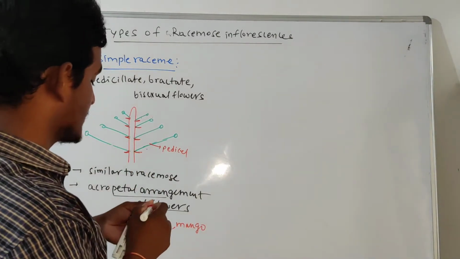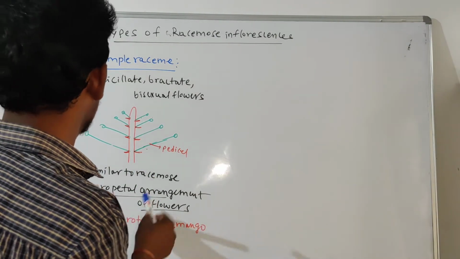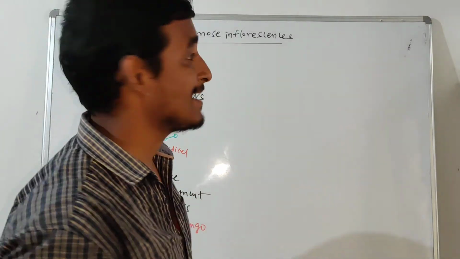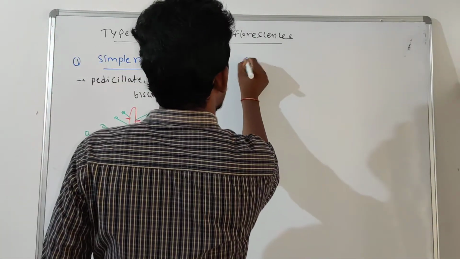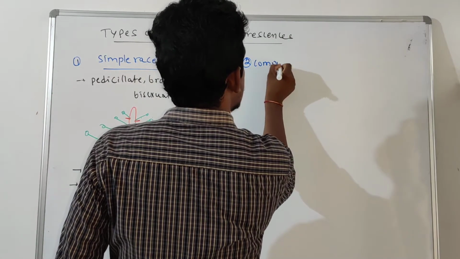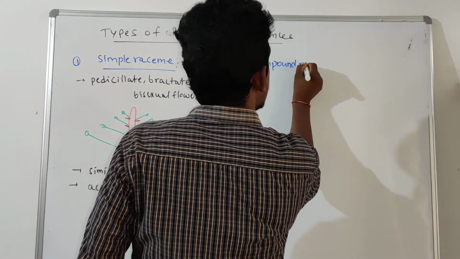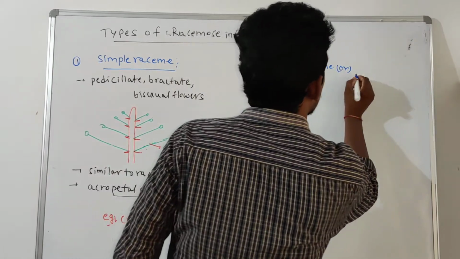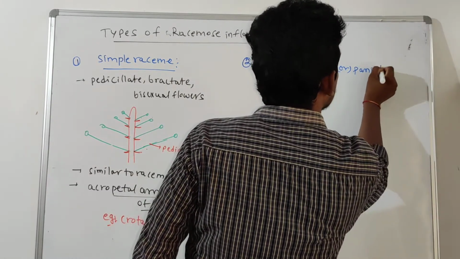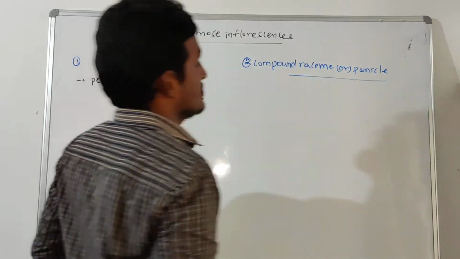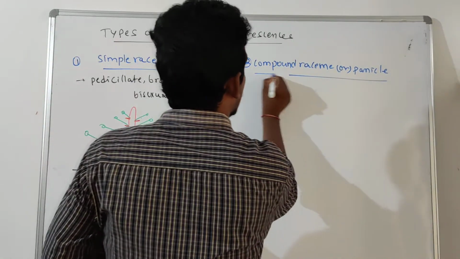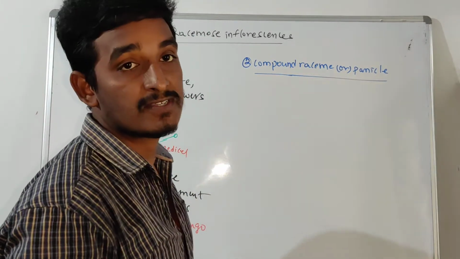Right? So next we will discuss a compound raceme or panicle type of inflorescence. Compound raceme inflorescence is also called a panicle type of inflorescence. So what about a panicle type or compound raceme inflorescence?